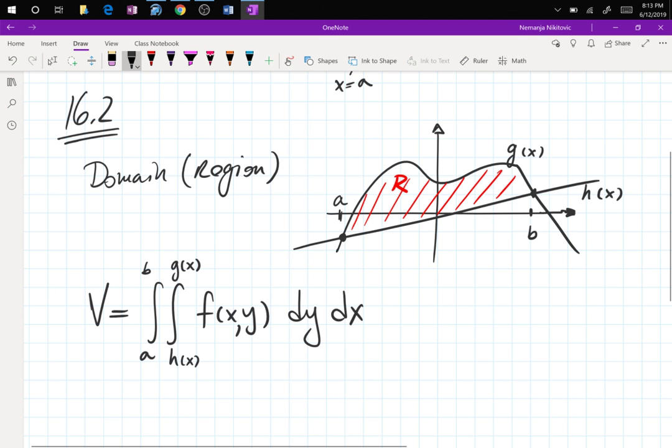So the limits for x in this case are A and B. And as far as you can go up and down, well, the lowest you can go is h, and the highest you can go is g, which is why those are your limits on the inner integral. So when you integrate out y, you will plug in the functions h and g. Those are in terms of x, and then the next integration kicks in, which is x. It's going to integrate out x and just plug in the numbers, and you have the value.